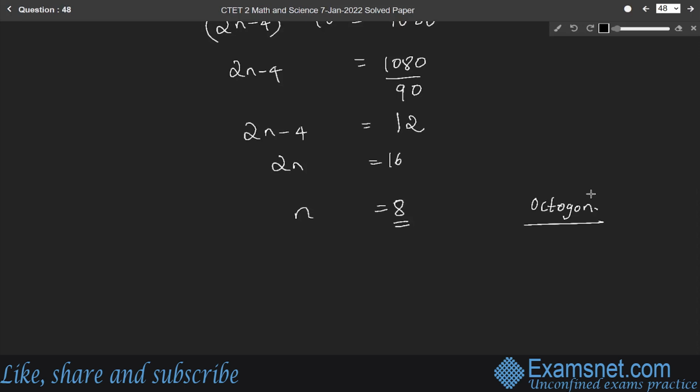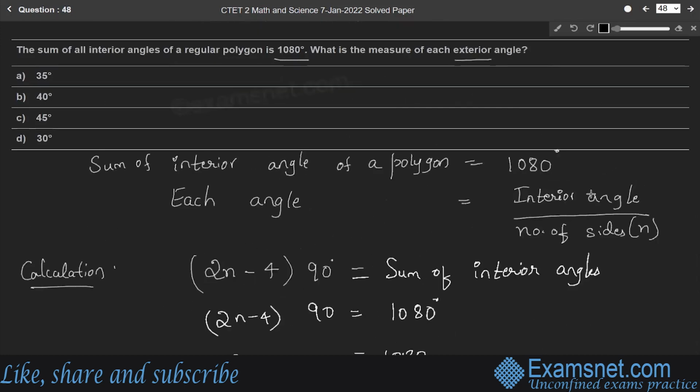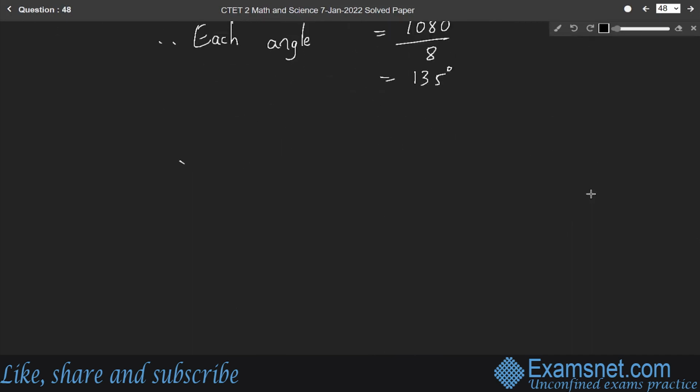Right? So here, therefore, each angle is equal to the sum of interior angles divided by the number of sides, which is equal to 135 degrees. So in the question, what is the measure of each exterior angle? Therefore, the exterior angle is equal to 180 minus the interior angle, right?